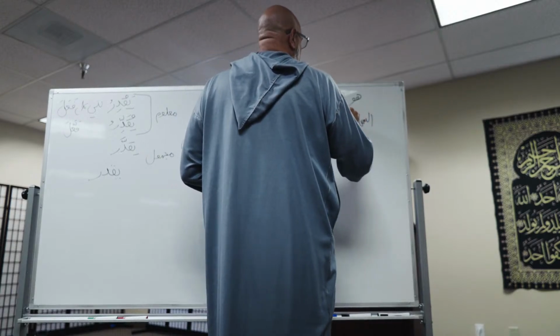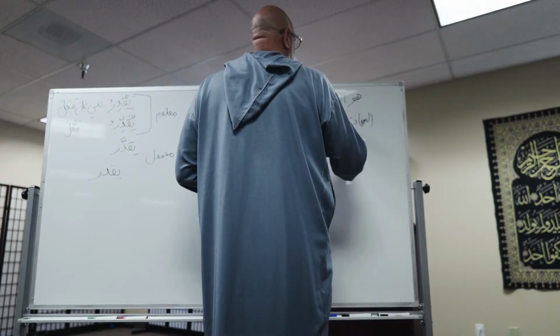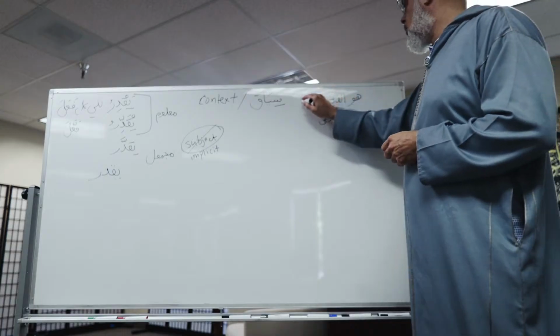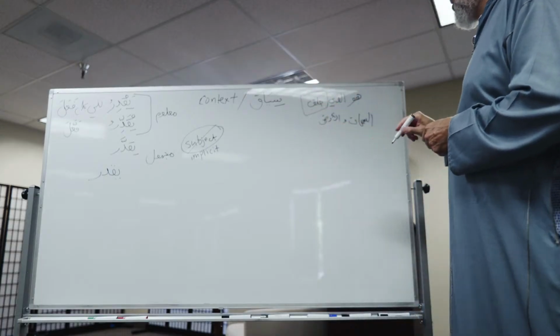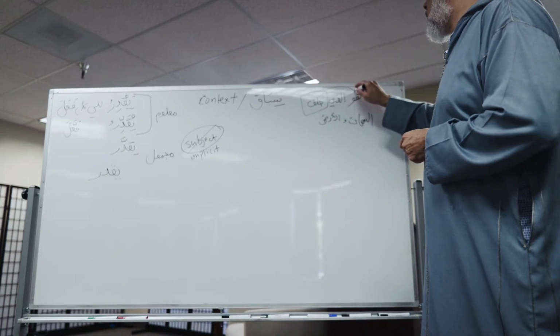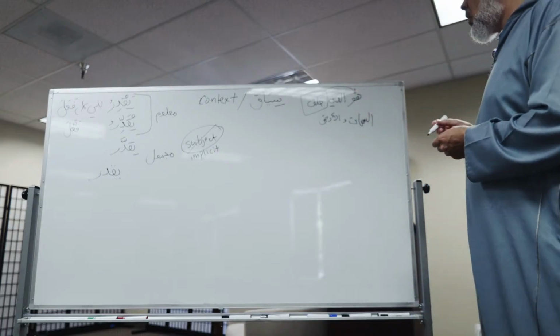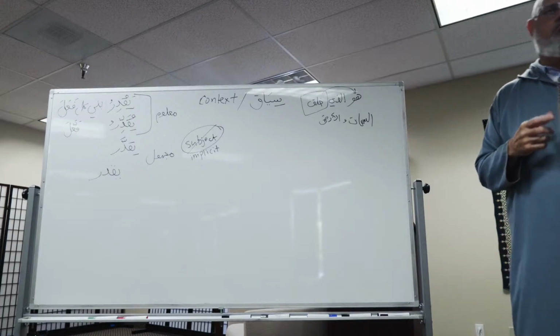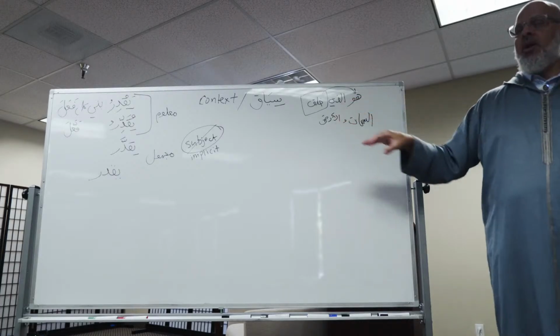السماوات والأرض. In a sense, here's our verb خلق. Who is the fa'il? The fa'il is who? Huwa, him. Do you know exactly who he is? No, if you just read this by itself.